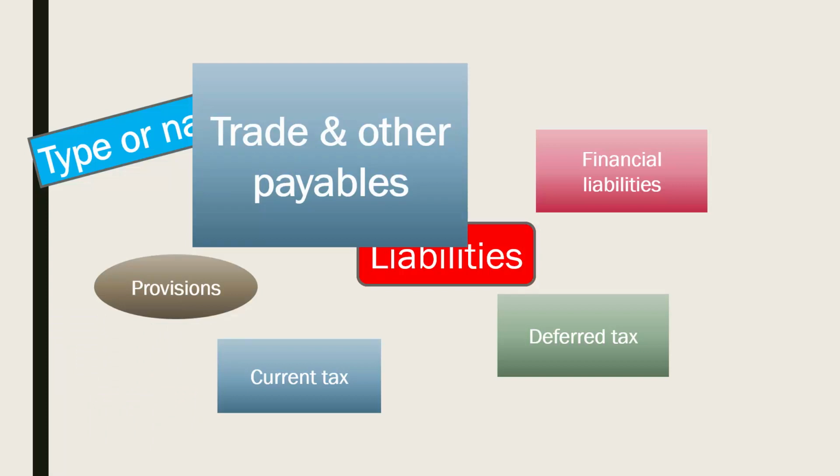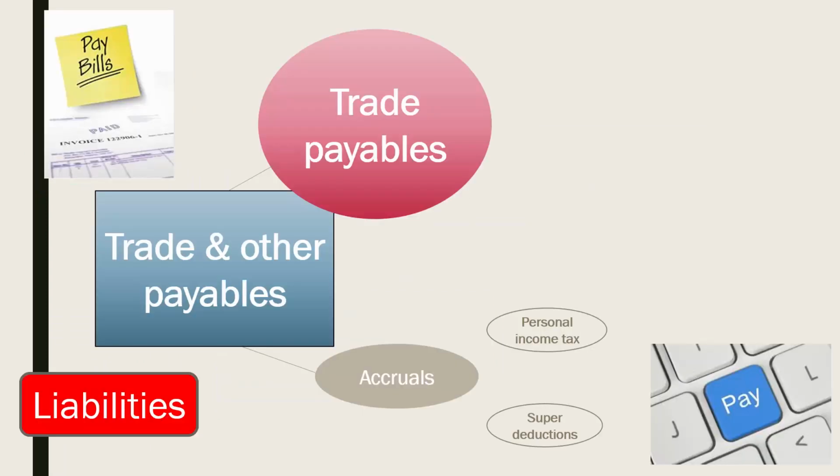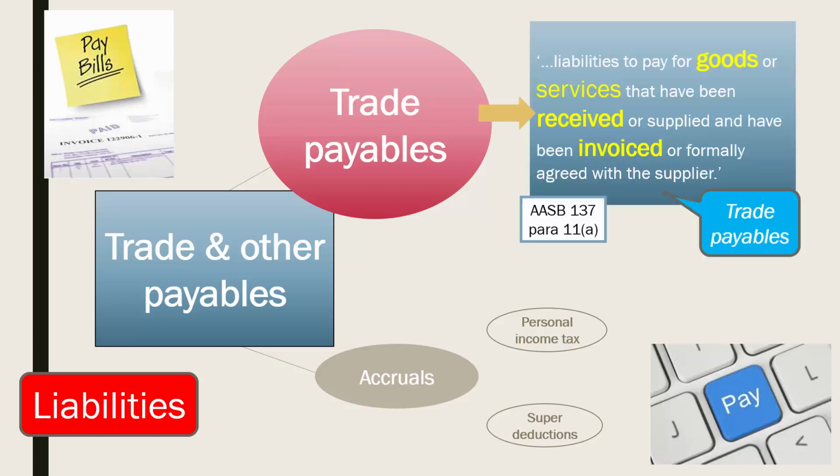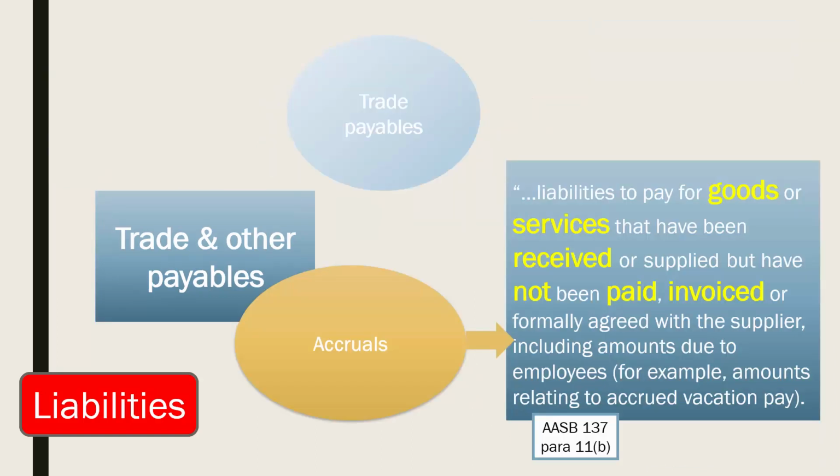Trade and other payables are usually mainly trade payables, that is, liabilities to pay for goods or services that have been received or supplied and have been invoiced. Other payables are usually accruals.